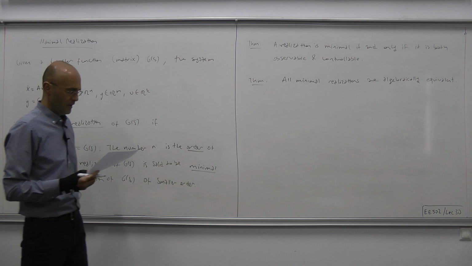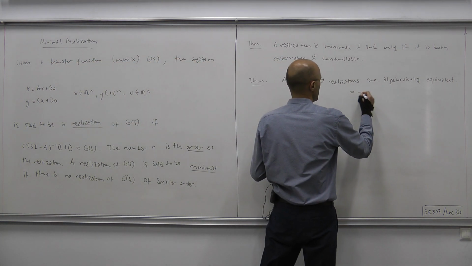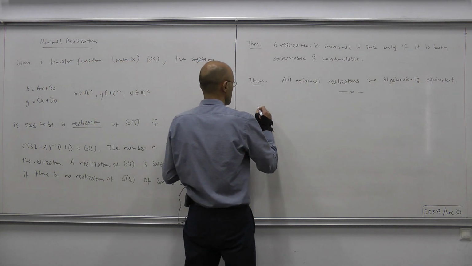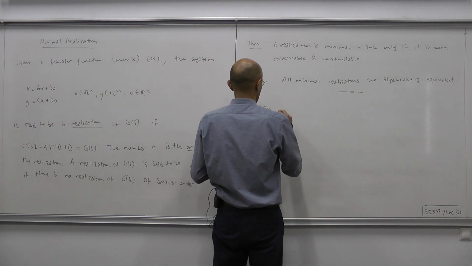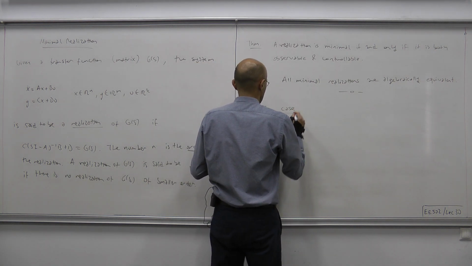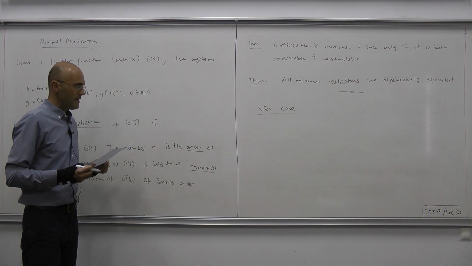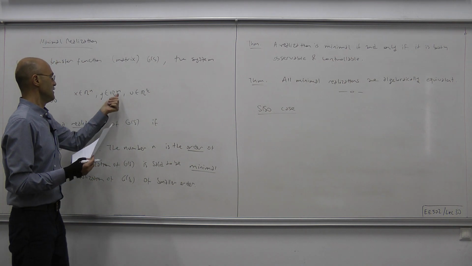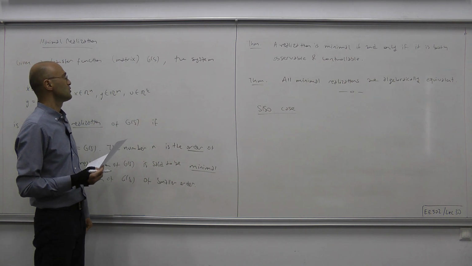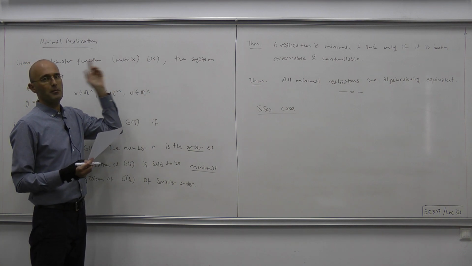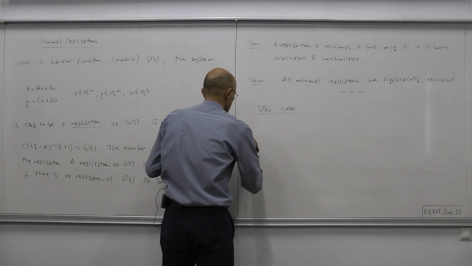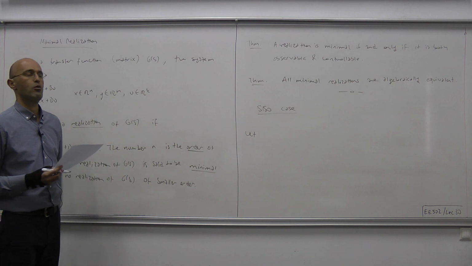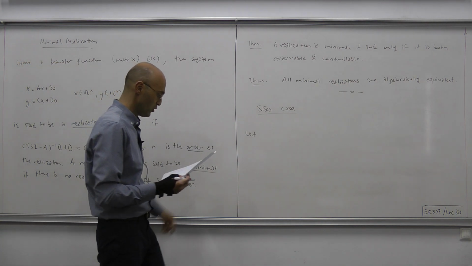Okay. Now let's also say a few things about the special but important case, namely the single input, single output case, SISO. When the system is single input, single output, meaning that n and k are both 1, we're talking about a scalar transfer function. That means we can write it as a rational function, some numerator polynomial divided by some denominator polynomial.